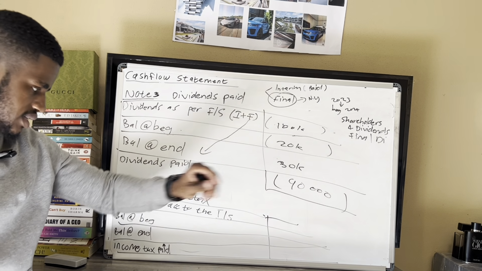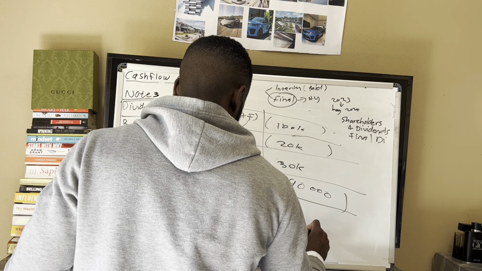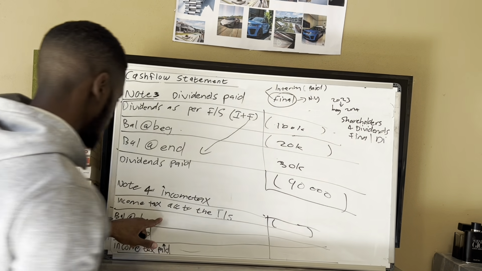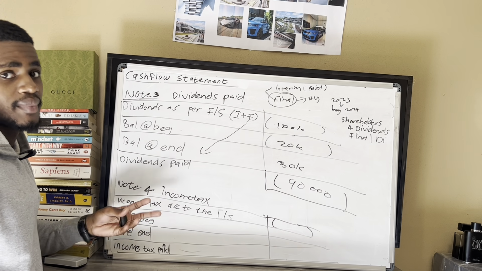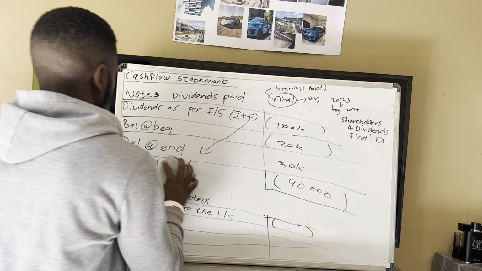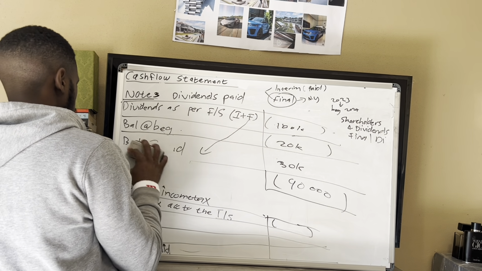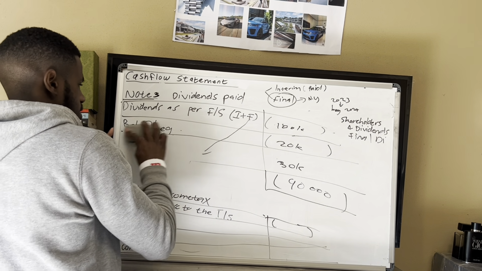Now when it comes to this, only this is always in brackets. Only this. These two, they can be in brackets, maybe not. It depends on the question. That's why we need to be extra careful when it comes to our income tax.